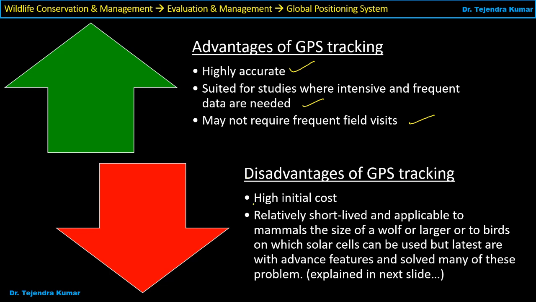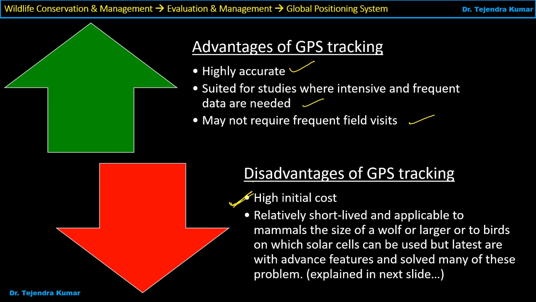Disadvantages of GPS tracking. High initial cost. As I told you, initially it is very expensive, similar to remote sensing and GIS, because it requires the satellite, ground stations, software, and all these receiver instruments, smartphones and all these things.